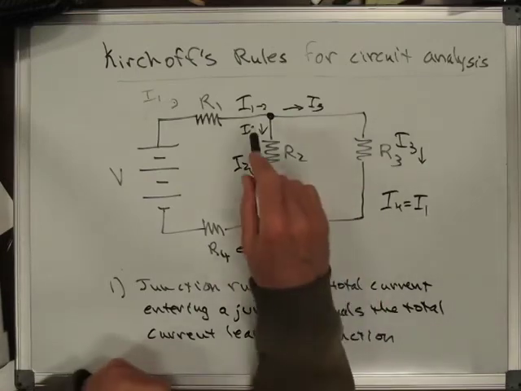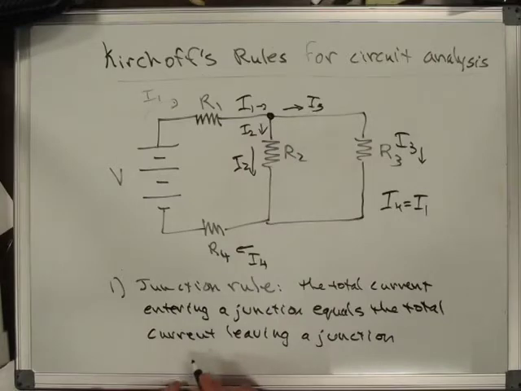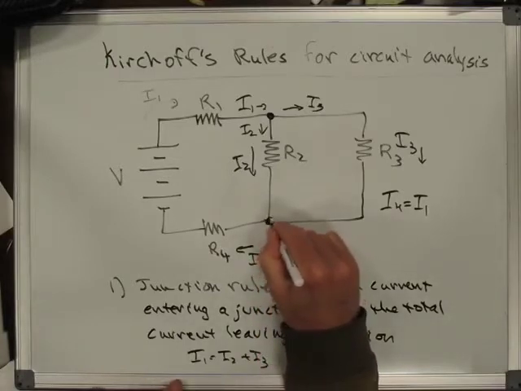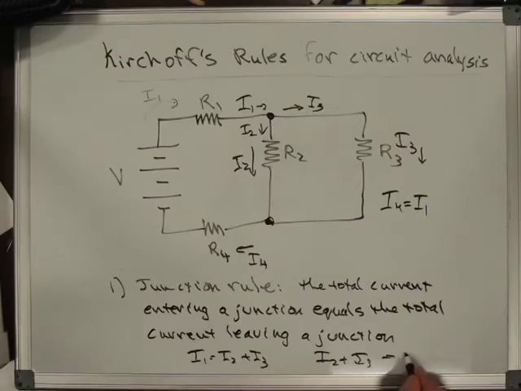So we would say I1 is entering, and I2 and I3 are leaving, so I1 equals I2 plus I3. At this junction, I2 plus I3 equals I4.